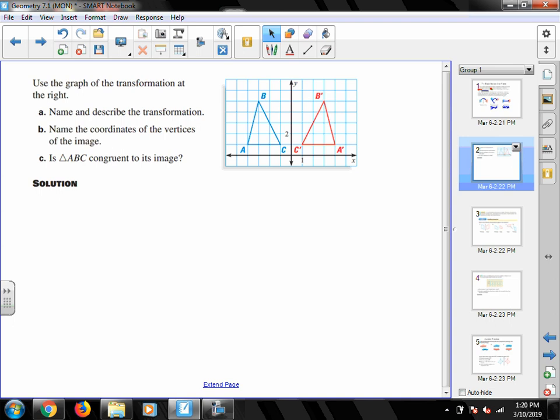If you have that situation, these little marks up top, A, B, and C here, have apostrophes. That is always going to be your image. So on the left, triangle ABC, that is going to be the pre-image.